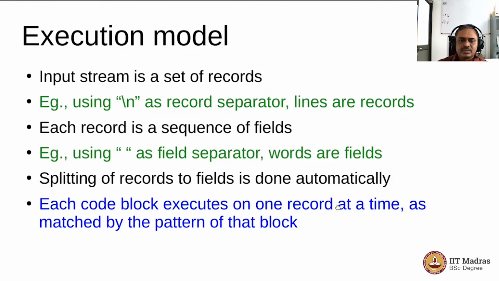And there are code blocks in any AWK script, and each code block will be executed once for every record which satisfies the pattern that goes with the code block.